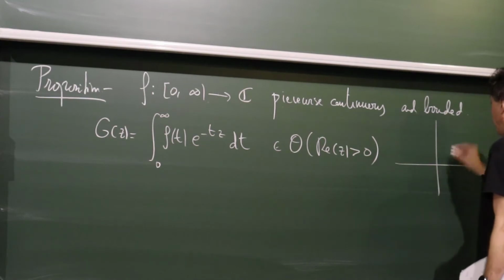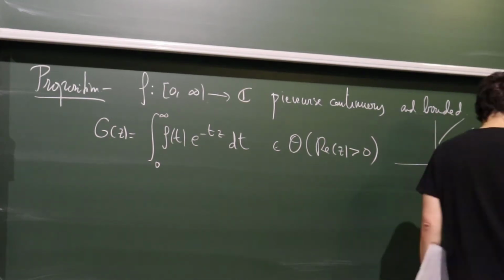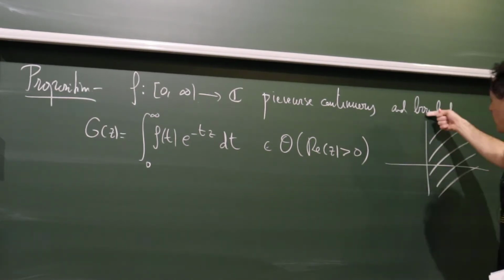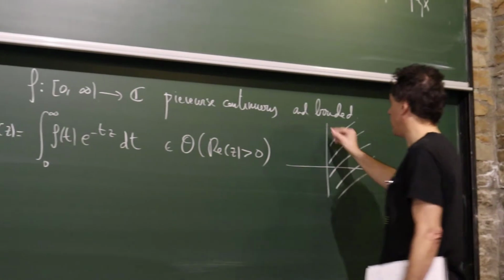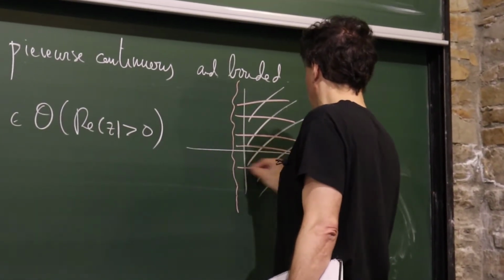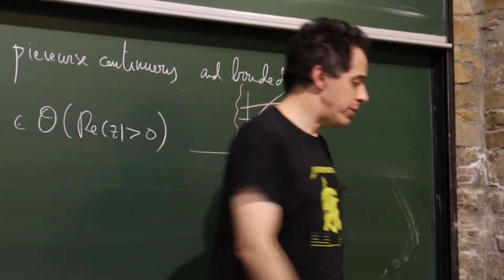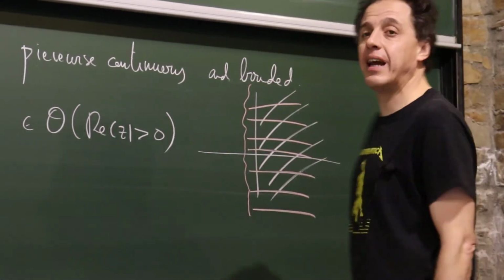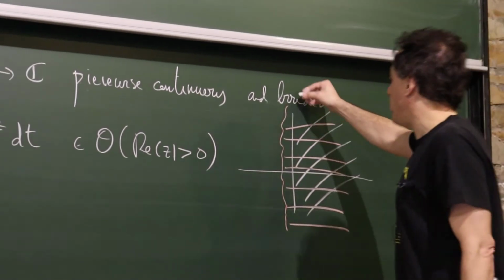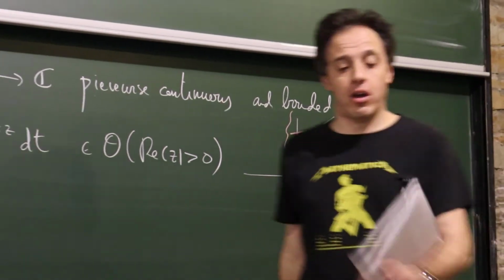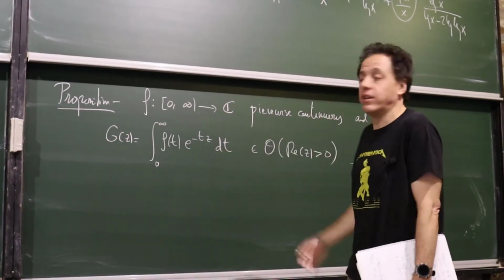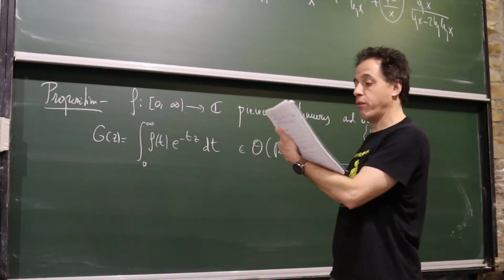We have this function defined here, but assume that it could be analytically continued to a larger open set that includes all the imaginary axis. What is important, this open set must include the imaginary axis. And let us still denote this analytic continuation by big G, of course.